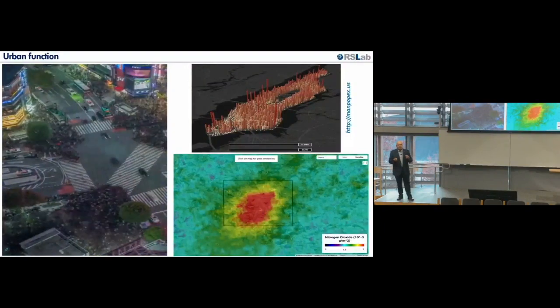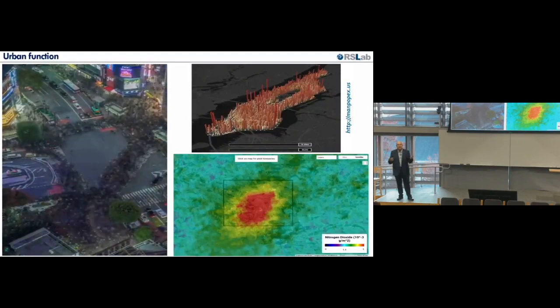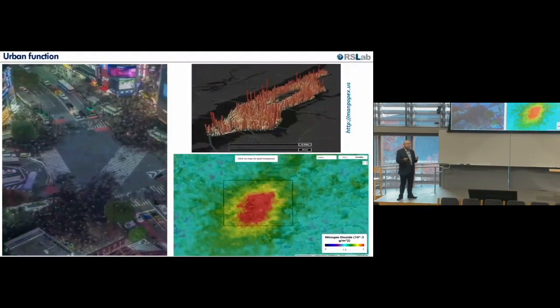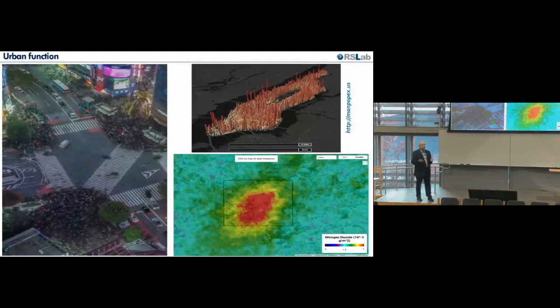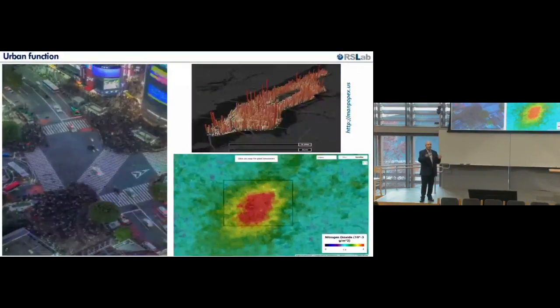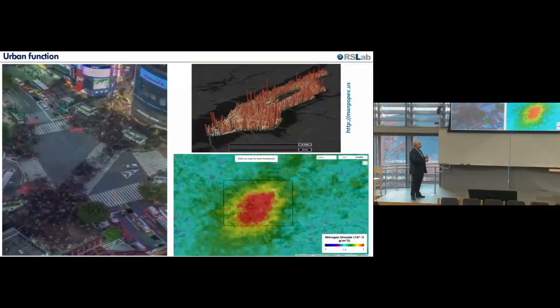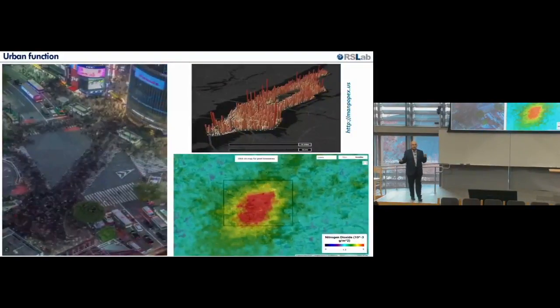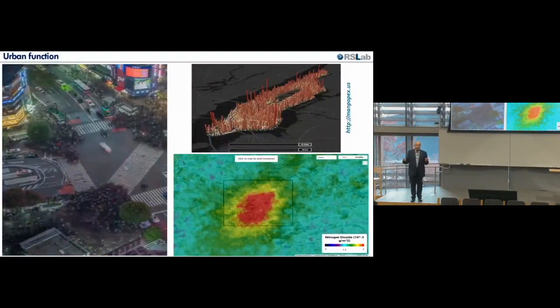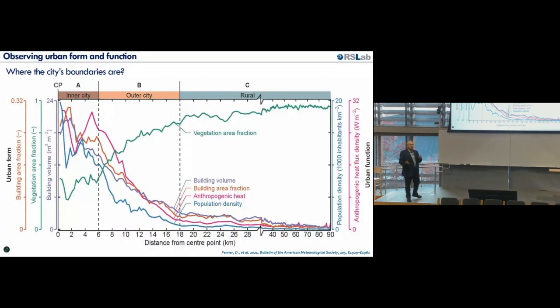But the problem is that we need to go intra-urban to capture the intra-urban variations and to work on urban-rural gradients rather than only urban-rural differences. And the problem is where exactly to put the instrumentation to capture this difference. In other words, where exactly the city's boundaries are.